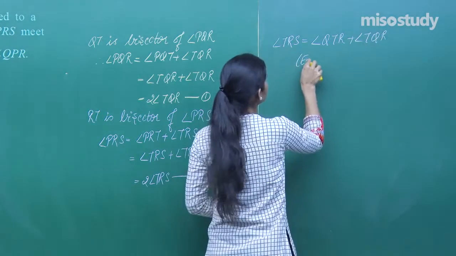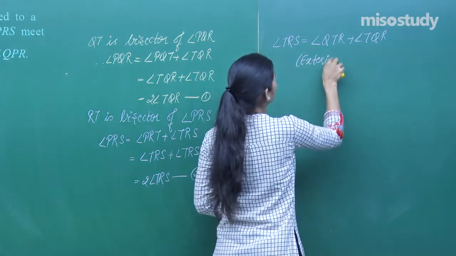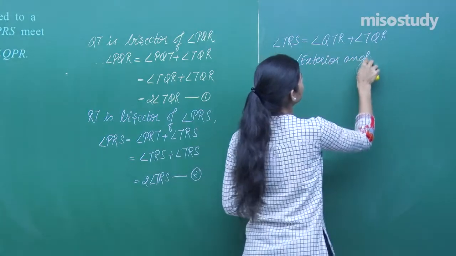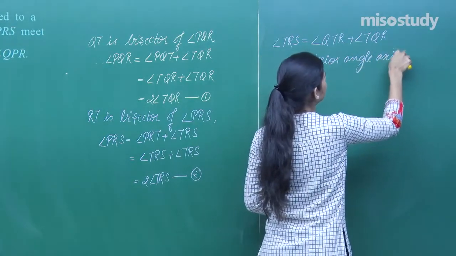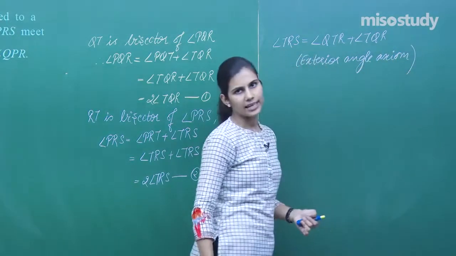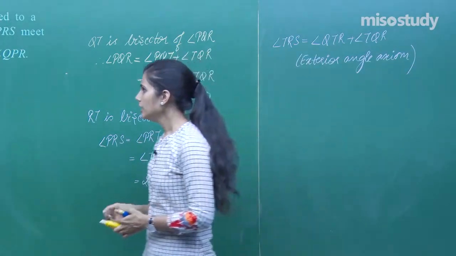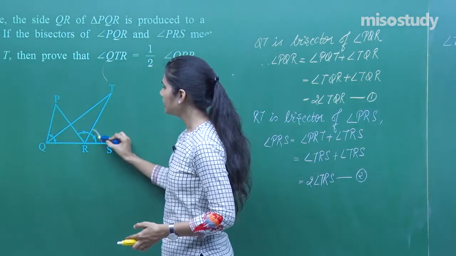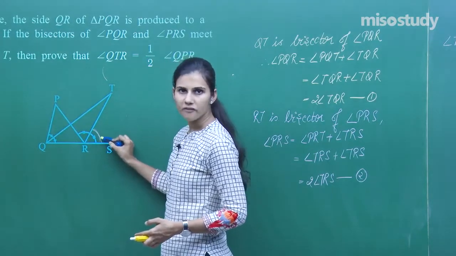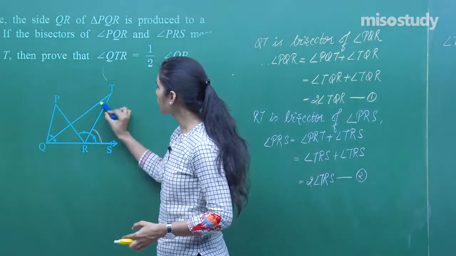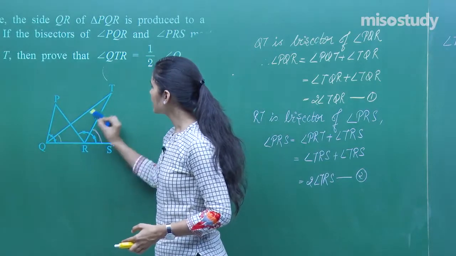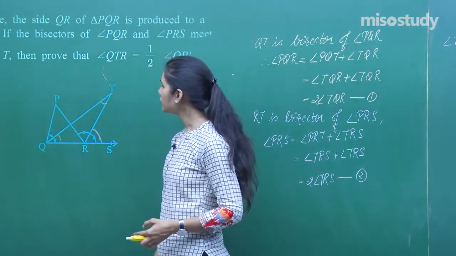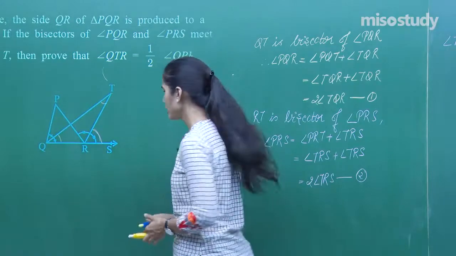That exterior angle is sum of opposite interior angles. You can write that entire statement as well. If you focus upon this triangle QTR, then this angle is exterior angle of this triangle, which will be equal to the sum of opposite interior angles, angle TQR plus angle QTR.